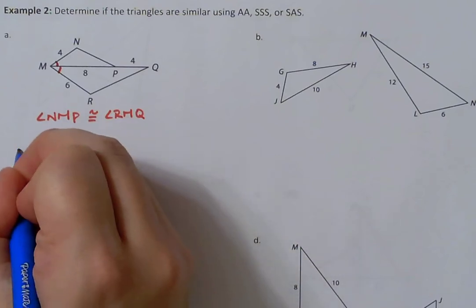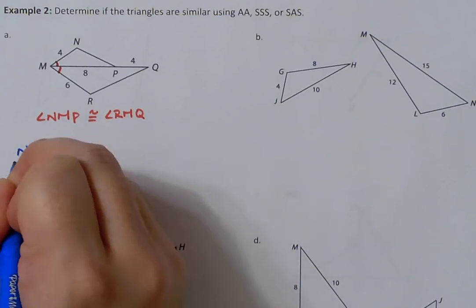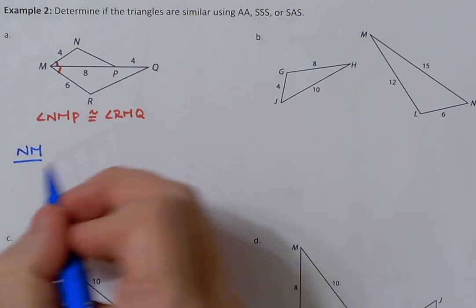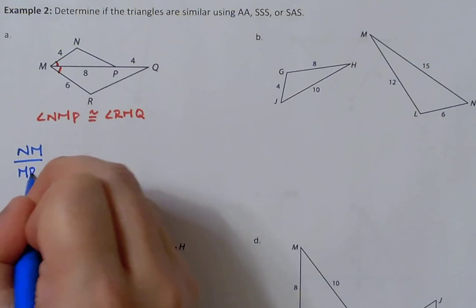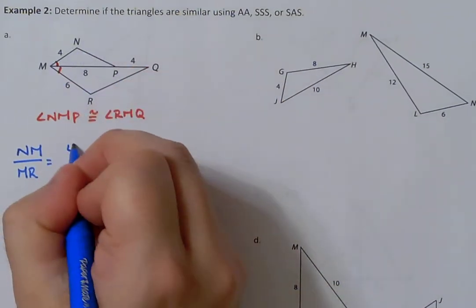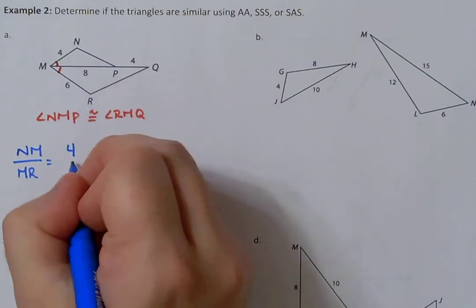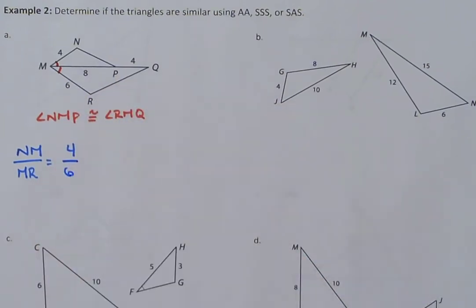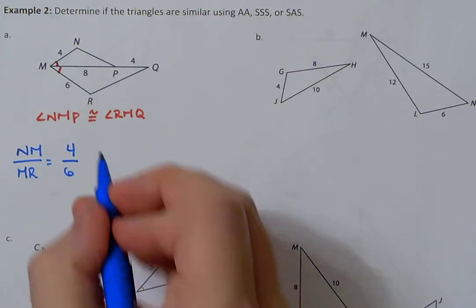If we start with NM over MR, NM is going to be 4, and MR is 6. So if we have 4 over 6, that's going to simplify down to 2/3.